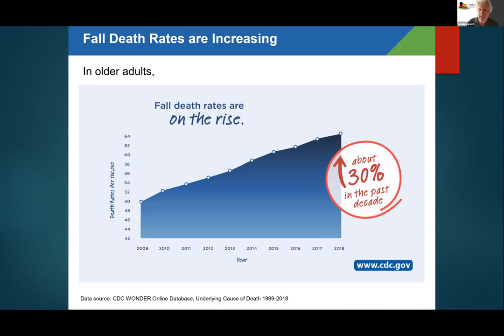These have all made a dent in reducing the number of falls, but surprisingly, they have not made a dent in the death rate that occurs as a result of falls. So this is a pretty serious problem. And again, focusing our energy on age-friendly interventions is so important to try and address this public health crisis.